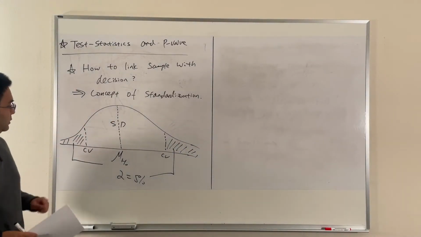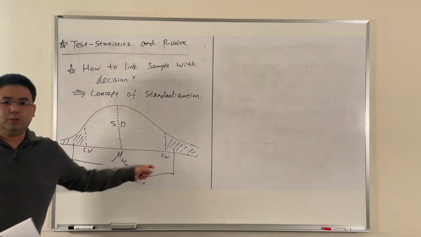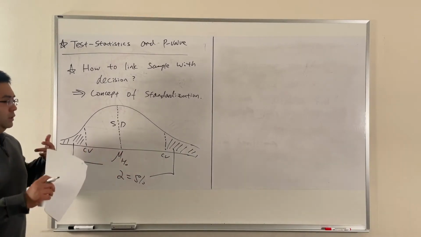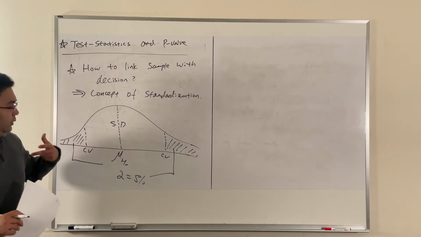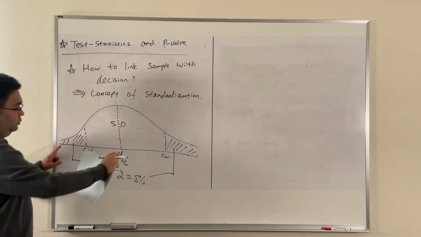Now the question becomes, what are these two critical values? What are the critical values that will give you 5% rejection regions?